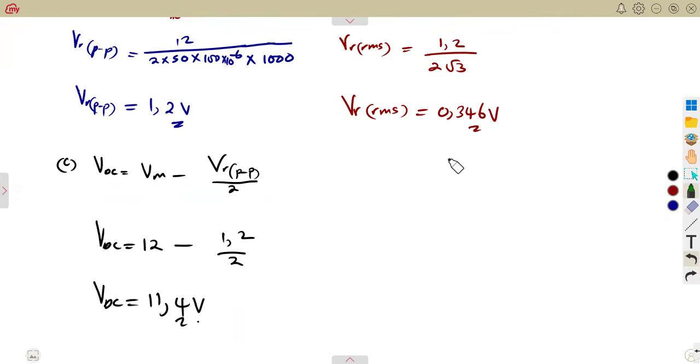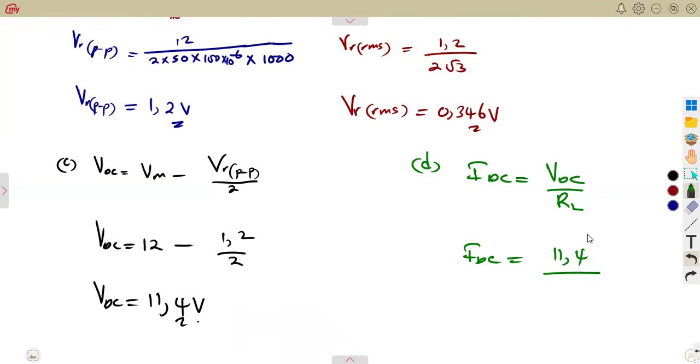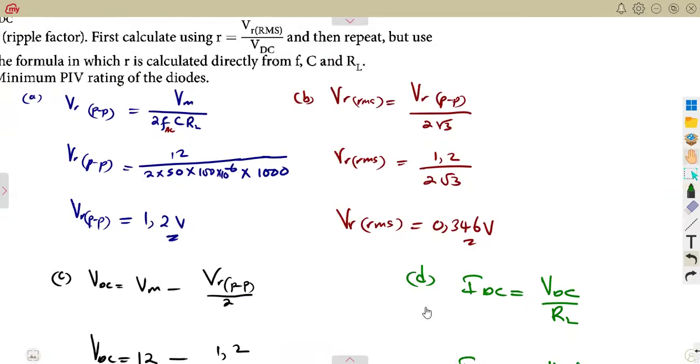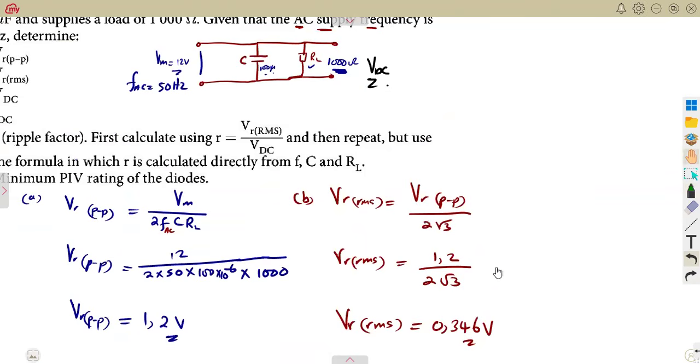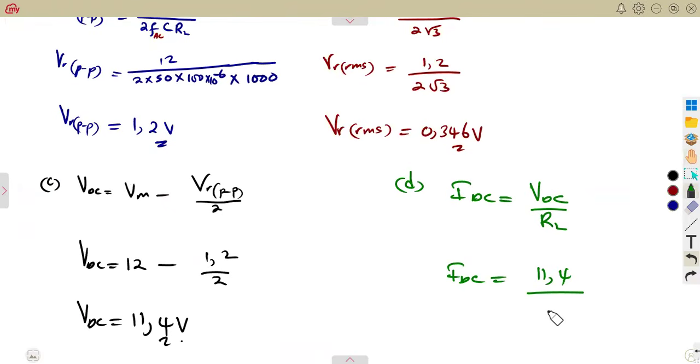There's a relationship between these two. The current will be the voltage at the output, VDC, over the load resistance at the output. So VDC, we have it, that's 11,4 over RL, the load resistor given as 1000 ohms. We are now having our current.